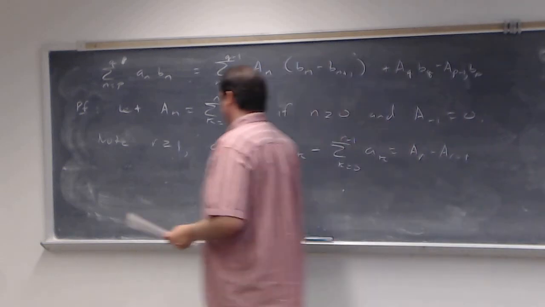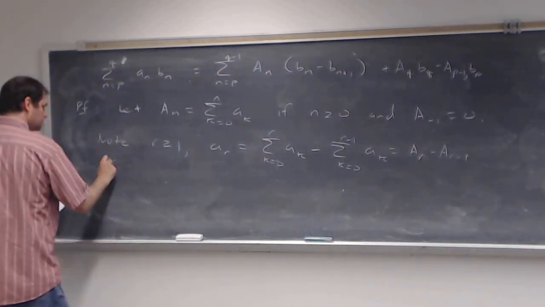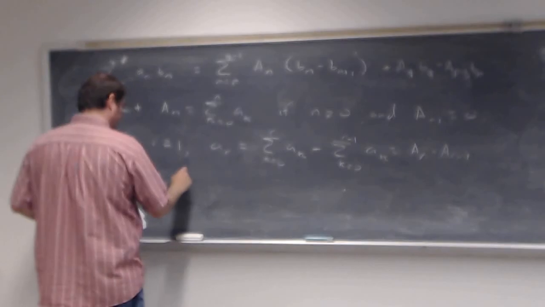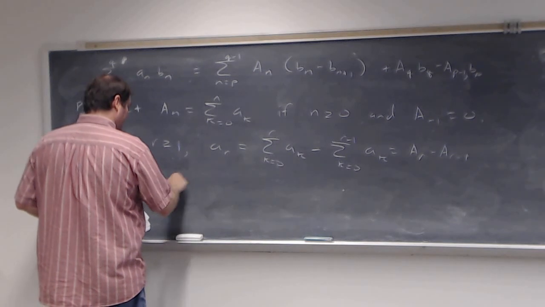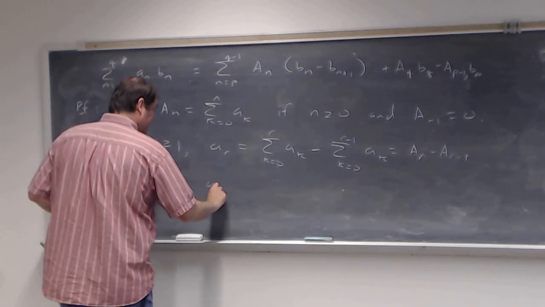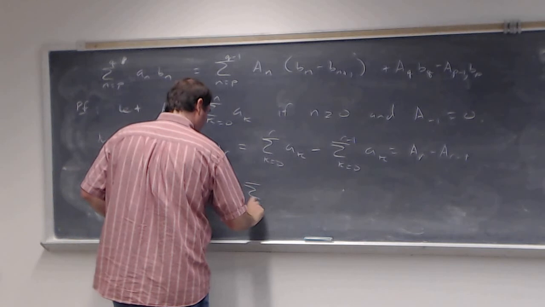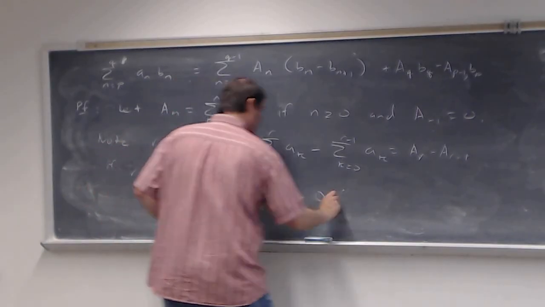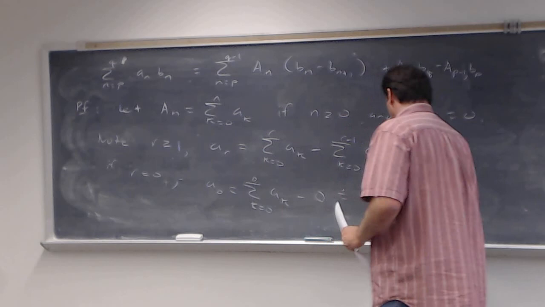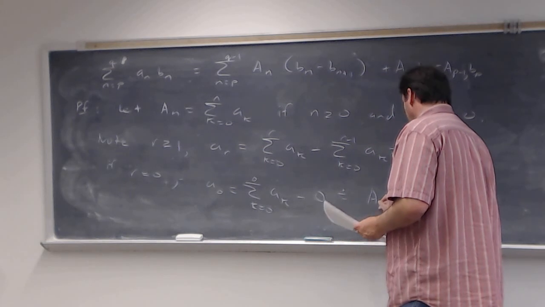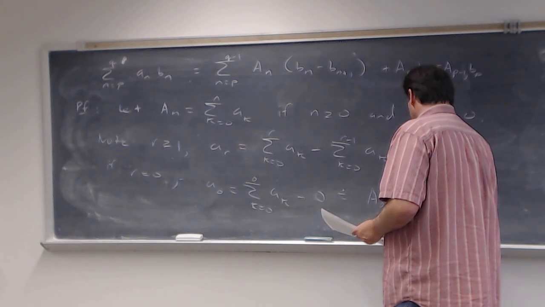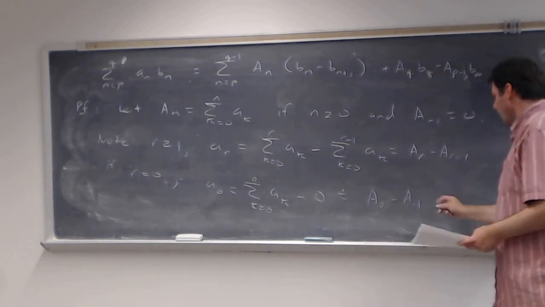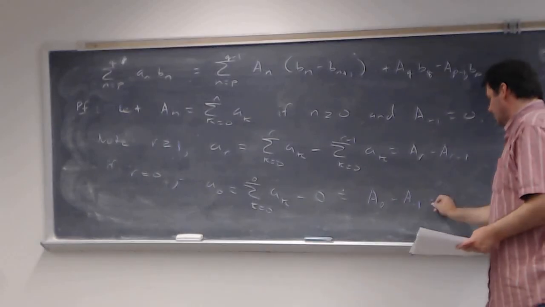Big A's. And if r equals 0, then we have A sub 0 is equal to the sum as k runs from 0 to 0 of A sub k minus 0, and that's equal to A sub 0 minus A sub minus 1, because A sub minus 1 is defined to be 0.